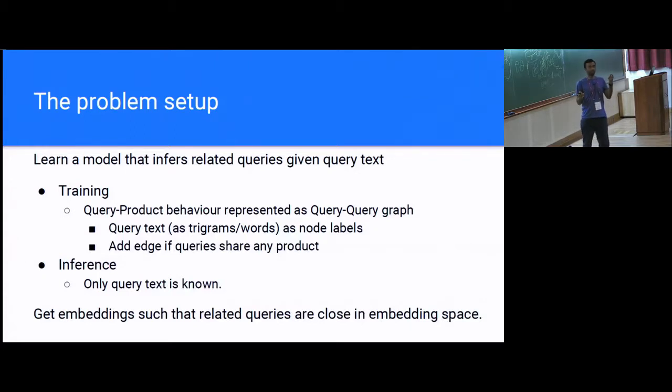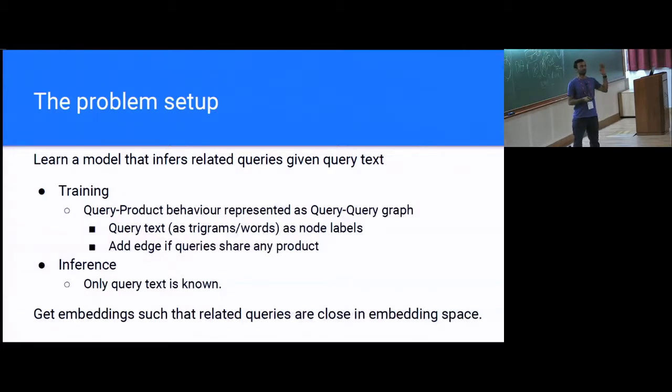Every node in the graph will have the query text as words, as the node labels, and you add an edge between two queries if they share any product. So if you search for an iPhone and you search for two different iPhone-related queries, both resulted in someone buying an iPhone, then both of those queries will have an edge between them. So this is while training.